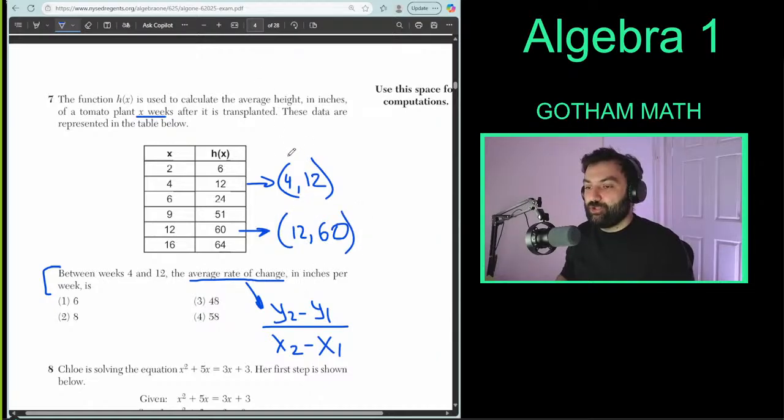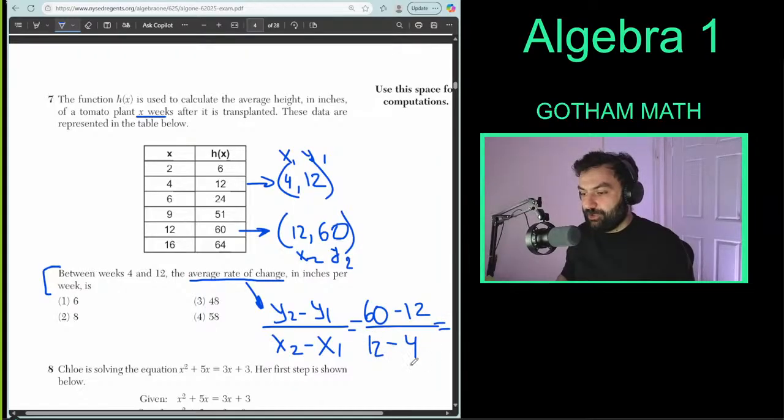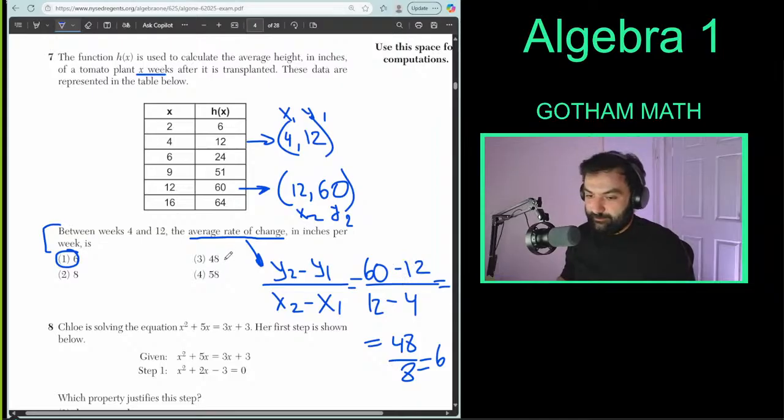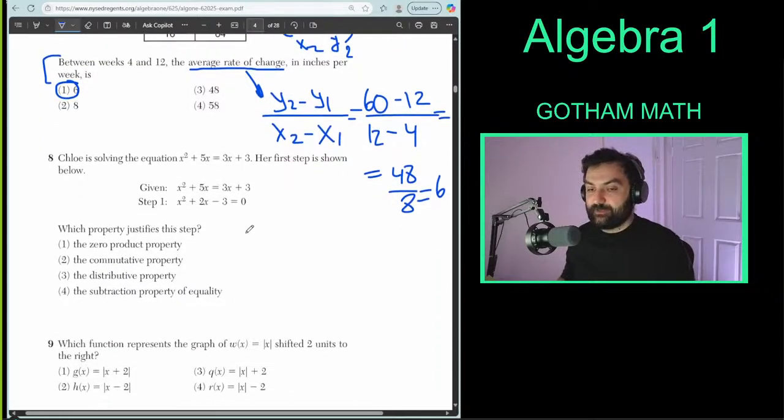How I show my students is to just put x1, y1, x2, y2 and plug those into this formula. That's it. 60 minus 12 over 12 minus 4, which is 48 over 8, which is 6. If you don't know how to do those calculations, do them on the calculator, but pretty basic, guys.